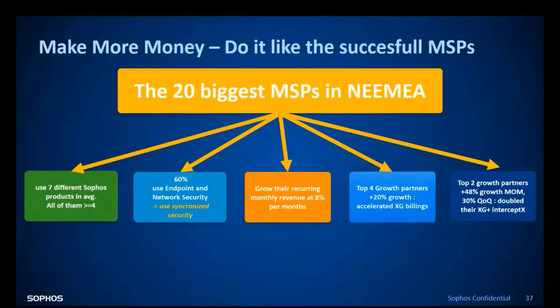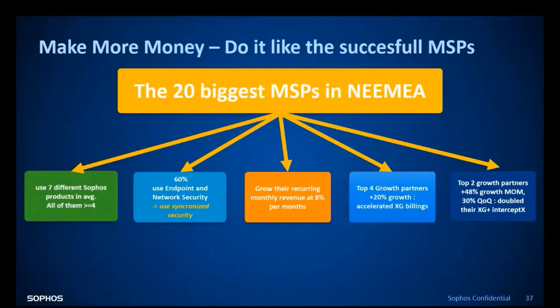And they are using at least 4. 60% of these partners sell both endpoint and XG networking products, and they focus on synchronized security. That's the value, right? And that's why with XG and with synchronized security, you can really grow your month-to-month billing by 20% month-over-month. That brings you to an average year-to-year at 200 plus. So it's a very big number if we put it in perspective.